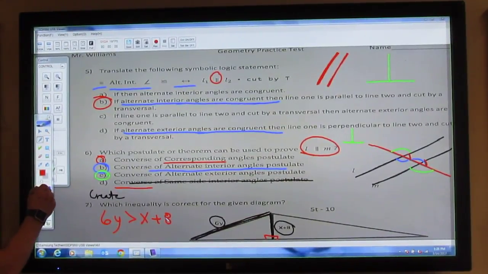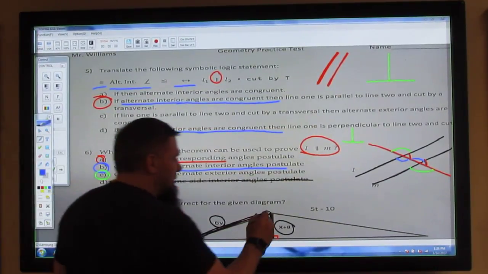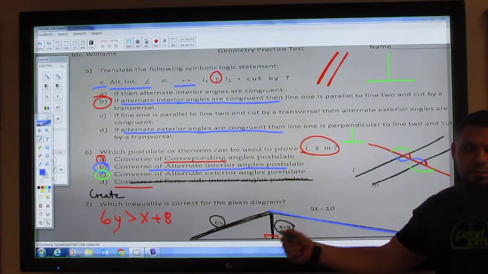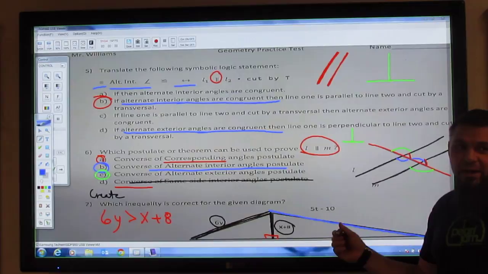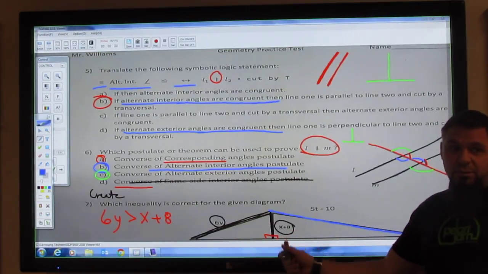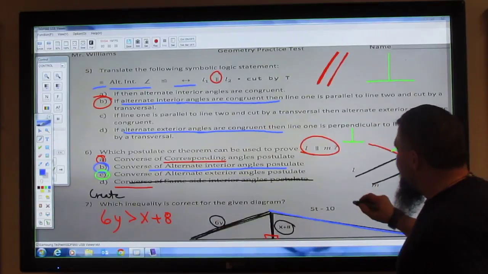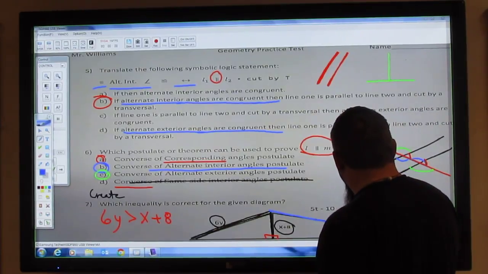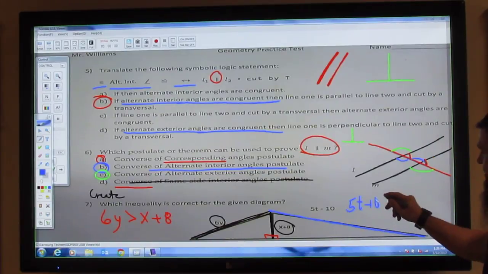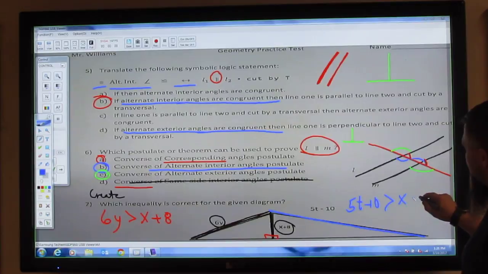In the same aspect, this hypotenuse has to be greater than this leg, right? So that means that 5t minus 10 has to be greater than x plus 8.